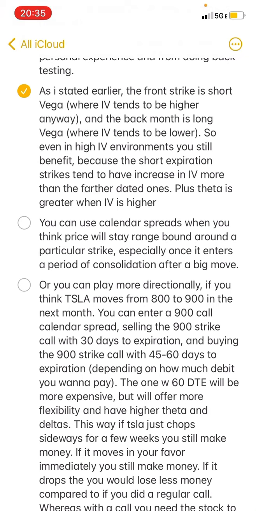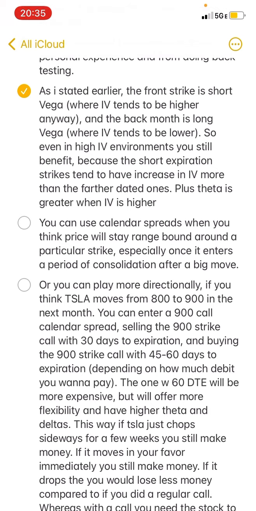I'm in a calendar spread, and the price isn't moving that much. It's right around my strike prices where I need to be, and I check my position, and I'm like, what the hell? I'm down $200 on it. And I look at the options chain, I'm looking at IV, and for some reason, the market makers must have known that I'm in a calendar spread, so they crushed the IV on the long strike, and they increased it on the short strike.